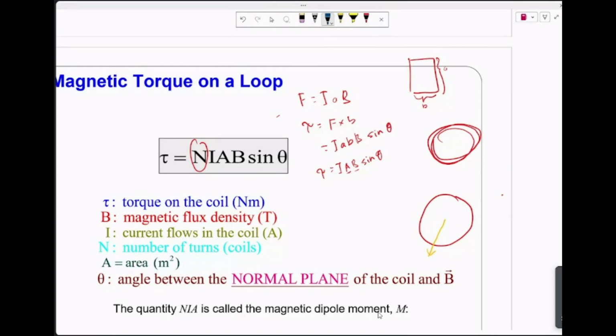And then if I were to have magnetic field in this direction, which is along the page, then you will have this one as 90 degrees. So it is perpendicular. So this theta is 90 degrees.